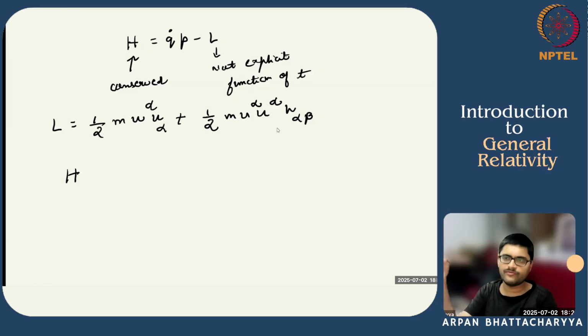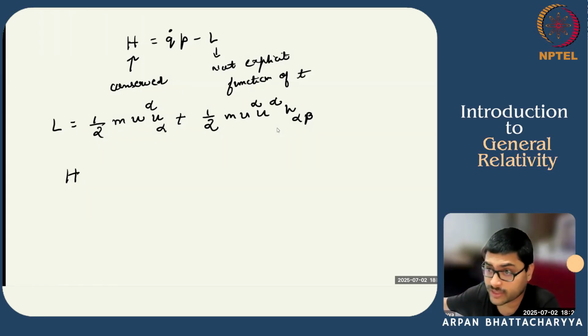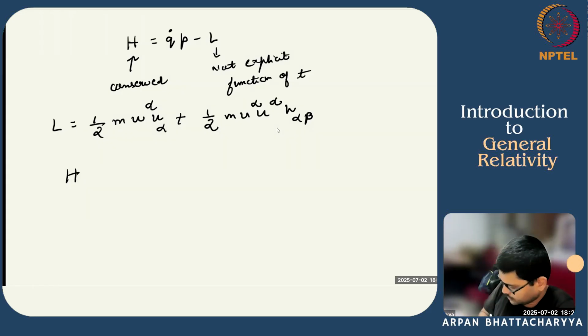Right. Here, when we said L is not an explicit function of time, remember we are using the proper time, because all these things, u is dx alpha d tau. So we are using the proper time to parameterize the world line trajectory of this point mass. So L is not an explicit function of this proper time. So with respect to that, H is conserved, and we can again construct this H by doing this.